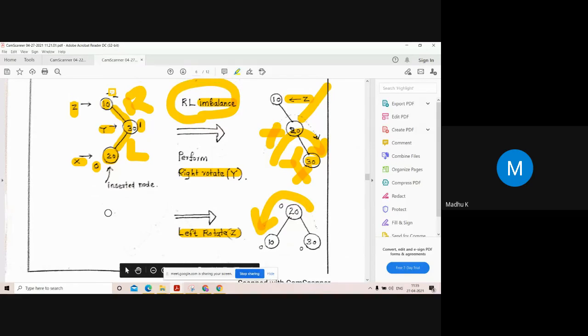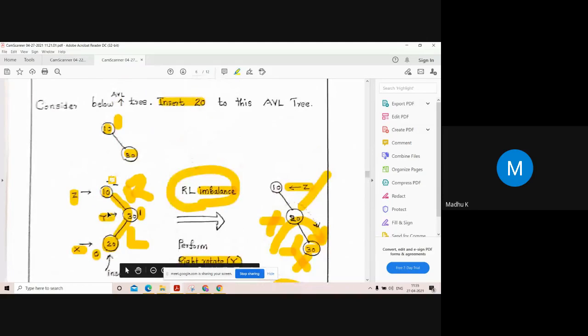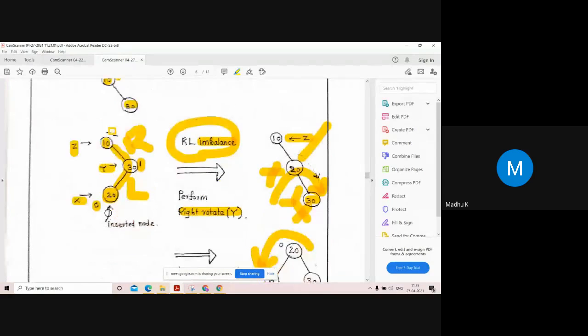So basically, you should understand this procedure. First you check if there is any imbalance. If there is an imbalance, then you should find out which type of imbalance it is. Then you should take some actions to rebalance it.